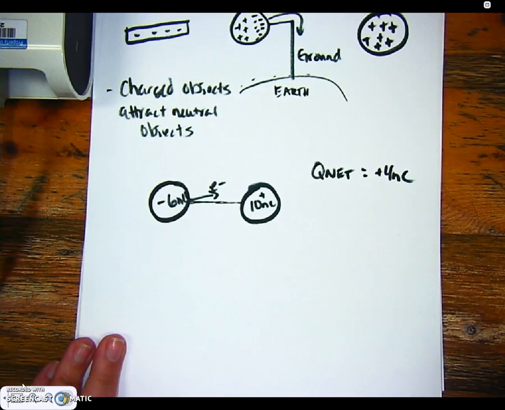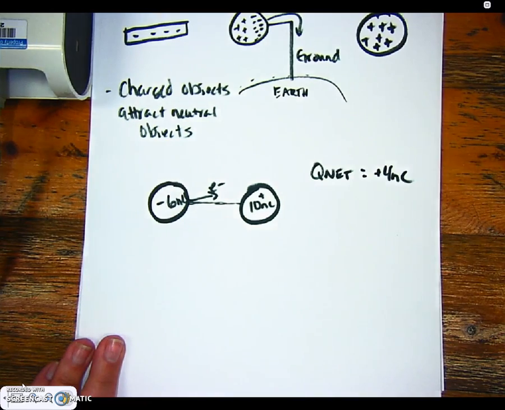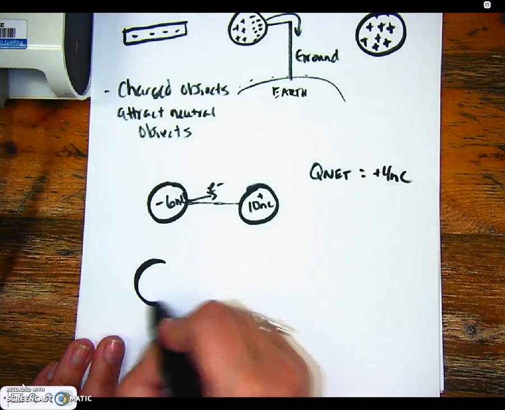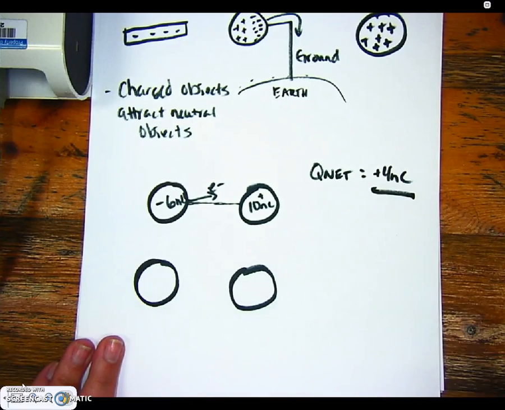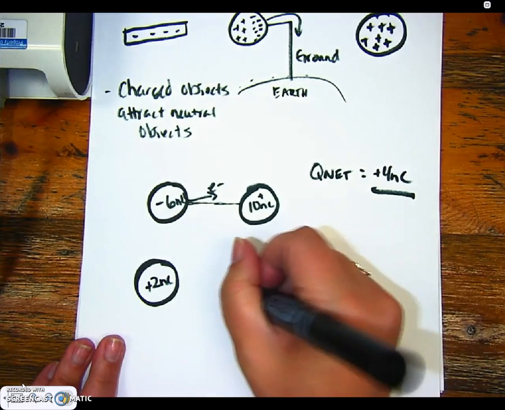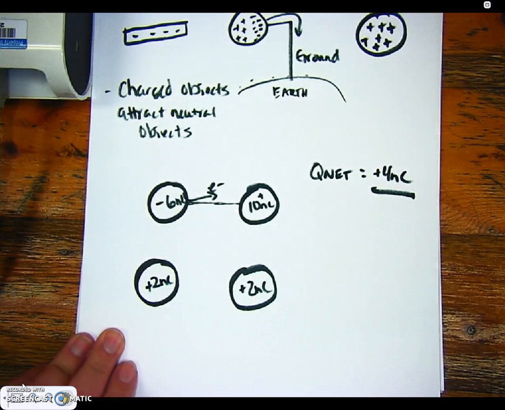We'll talk in a minute about what potential actually is. When they have the same size, that also means they have the same charge. So the net charge, when all is said and done, still has to be +4 nanocoulombs, which means one must be +2 nanocoulombs and the other +2 nanocoulombs.